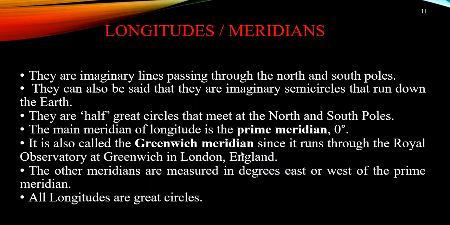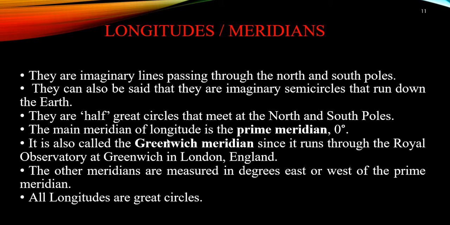When we come to longitudes or meridians, they are imaginary lines passing through the North and South Pole. They can also be said to be imaginary semicircles that run down the Earth. That is very key. They are half great circles that meet at the North Pole and South Pole.